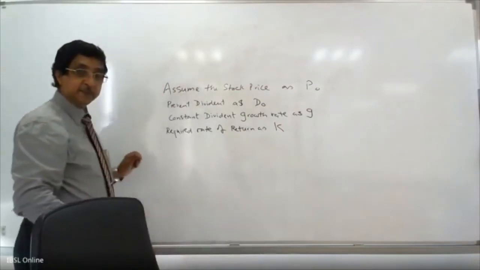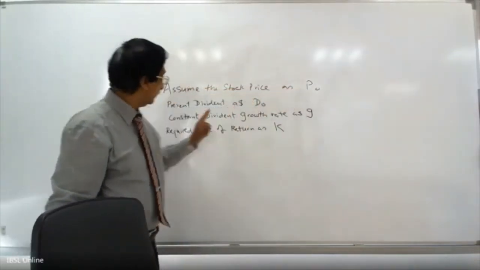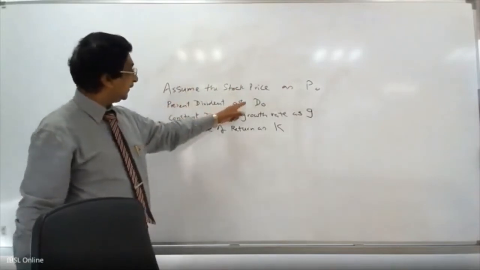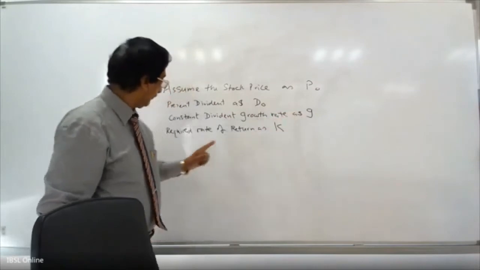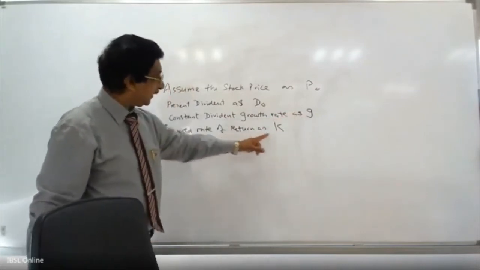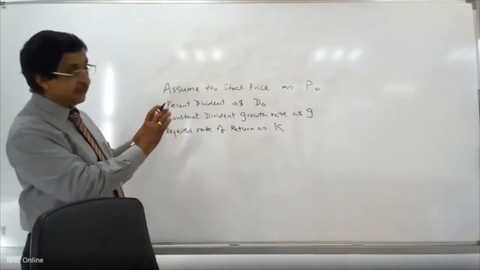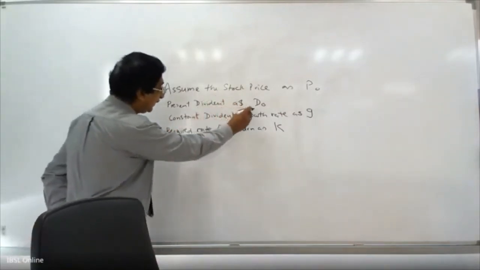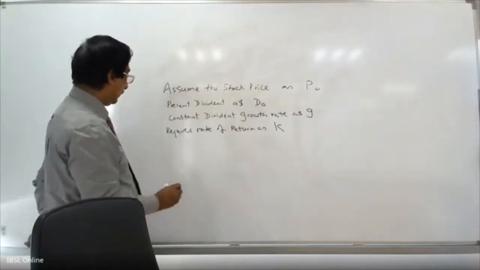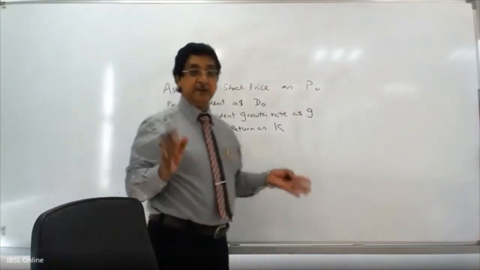Now these are the assumptions. Assume the stock price as B0, present dividend as D0, constant dividend growth rate as G, required rate of return as K. Now if you have these assumptions and the present dividend is D0, then the first year's dividend would be D1.